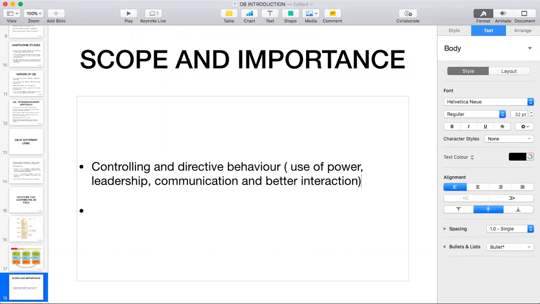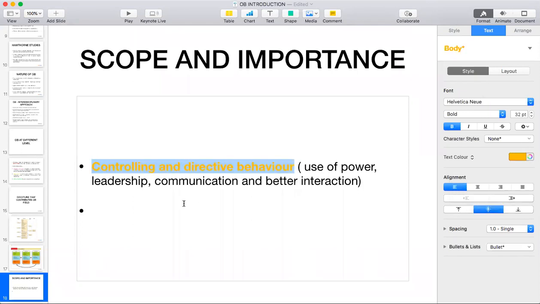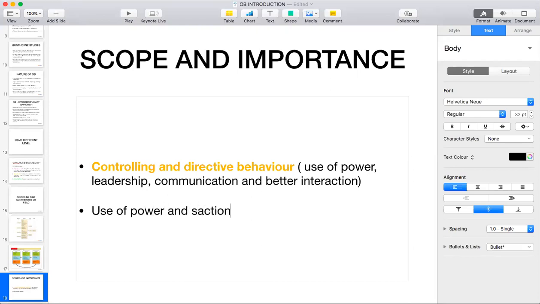These are the major parameters which come under controlling and directive behavior. Now the next part in this scope and importance is your use of power and sanction.